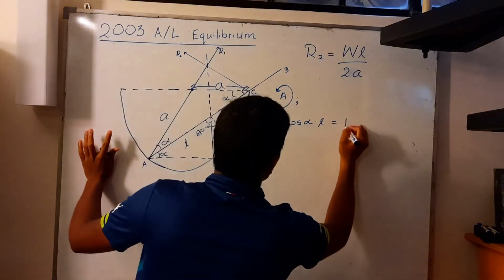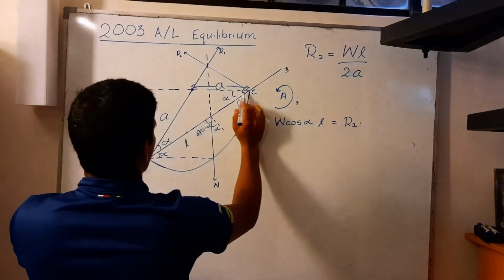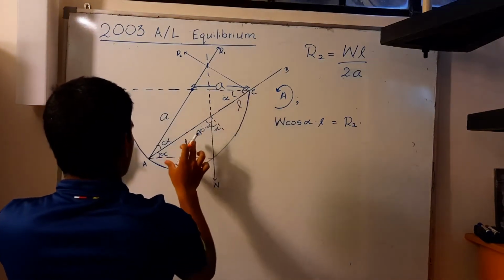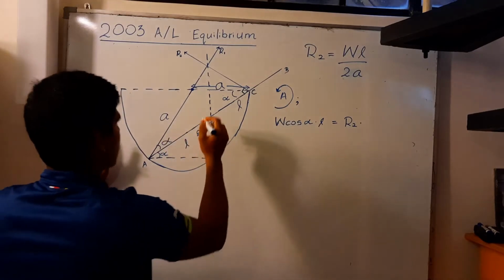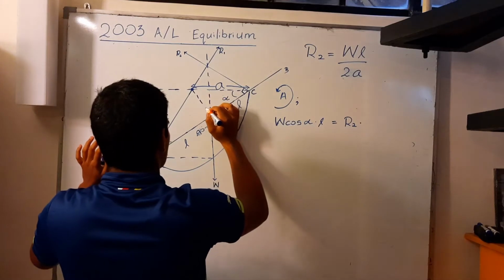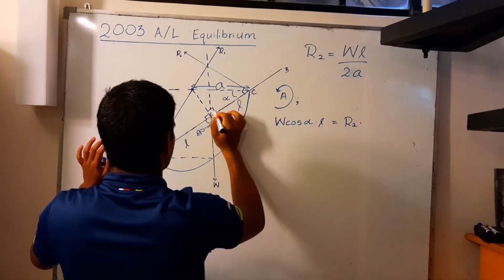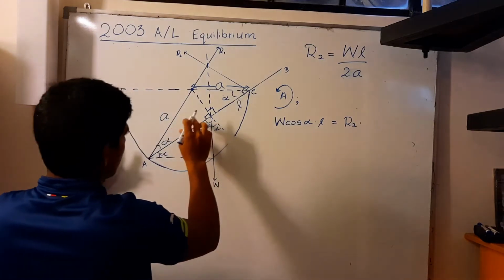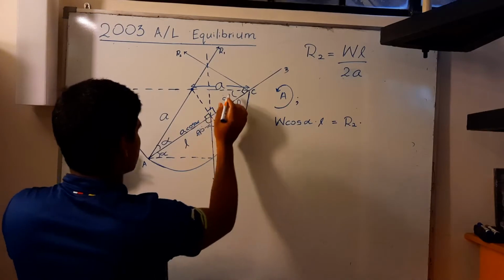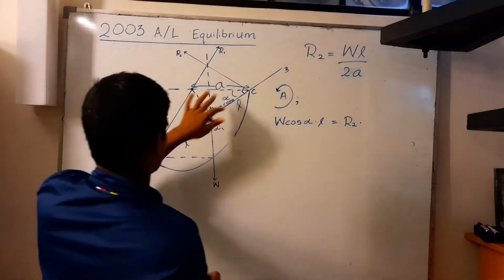So R2 into, since this is a right angle, we need the addition of this length and this length. If you draw a line from the center of the hemisphere to the midpoint of the rod, it will create a 90-degree angle. Therefore, this is going to be A cos alpha, and similarly this will also be A cos alpha, as you can see from the diagram.